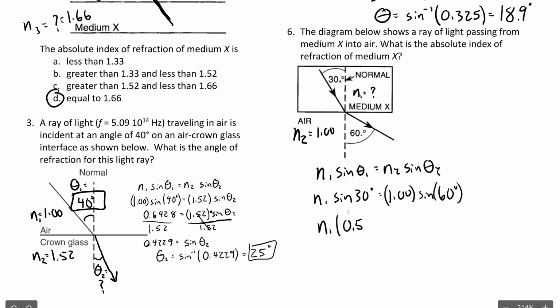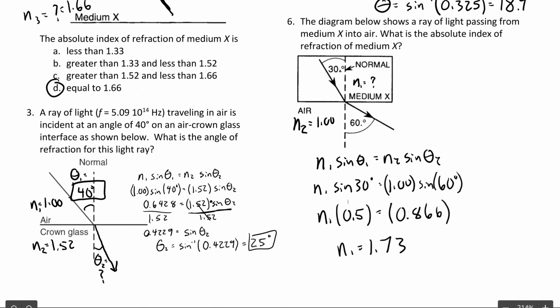N1 times 0.5, and then 1 times sine 60 is this big, long, weird decimal, so leave that in your calculator. Divide it by 0.5, and you get 1.732, blah, blah, blah. And that's the index of refraction for medium X, the first medium that you were in.